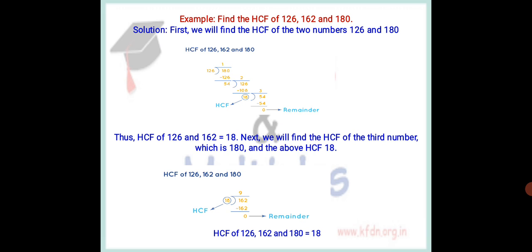Through these two steps of calculation, I got 18 as the final HCF among these three numbers, 126, 162 and 198.